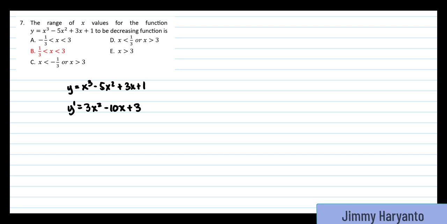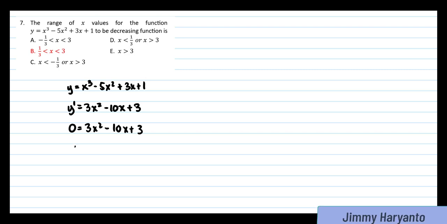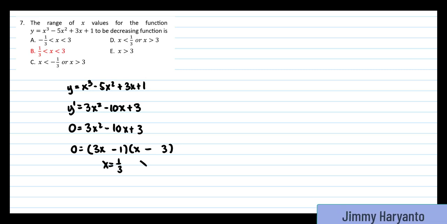Then you have to make it 0: 3x squared minus 10x plus 3, and find the value of x. Because this is quadratic, you have to use factorization, and you will have x equals 1 over 3, and the other one is x equals 3. For this one, you don't have to find the value of y because the question only wants us to find the interval of x.